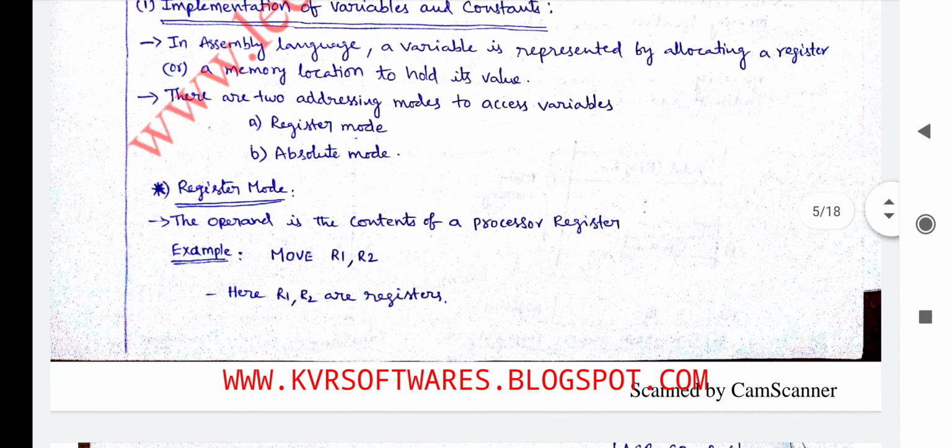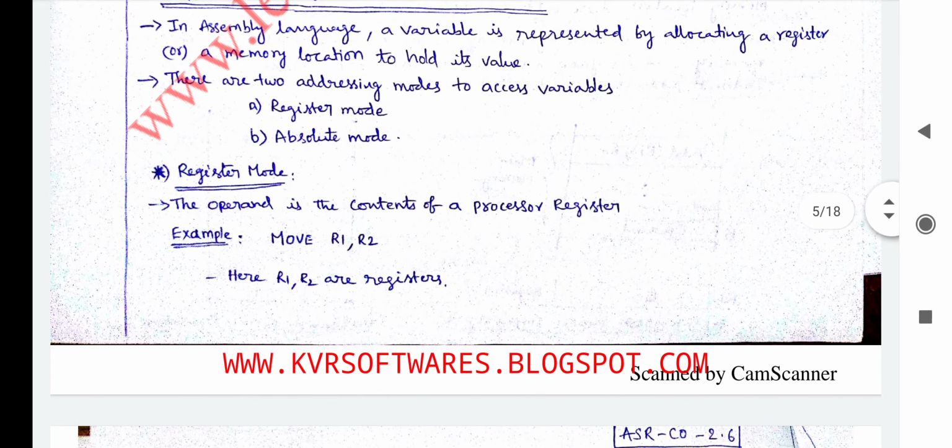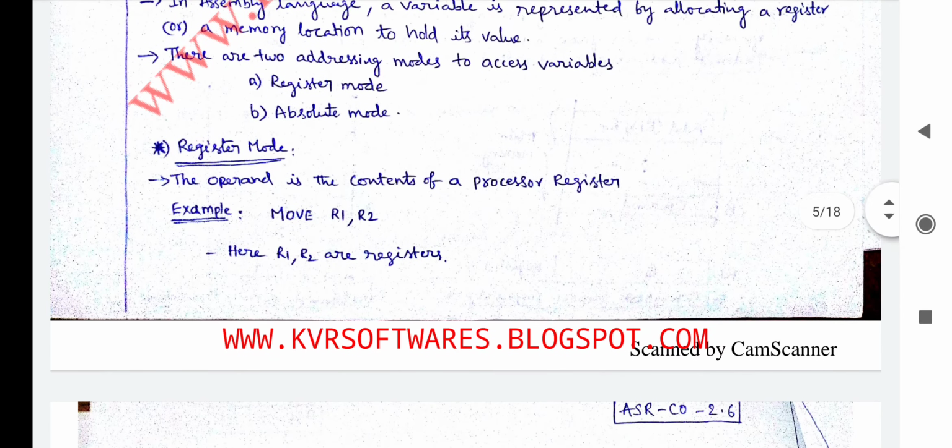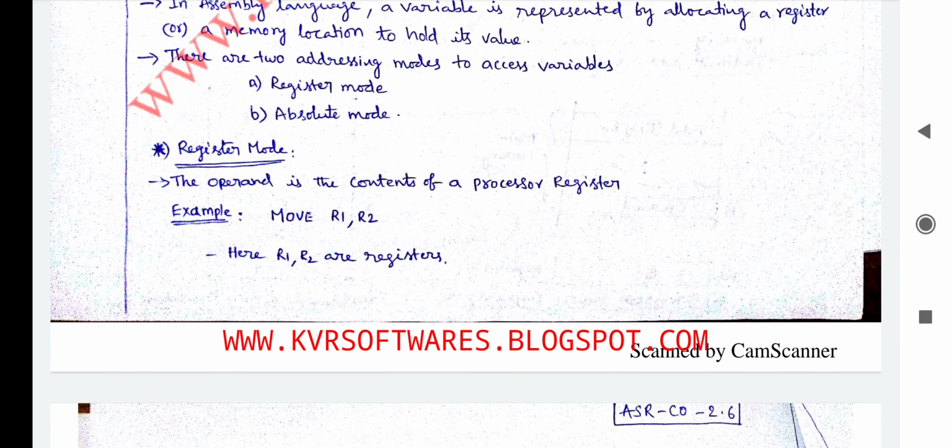One is register mode, and the other is absolute mode, which you can also call direct addressing mode. First, register mode. The operand is the contents of a processor register; that is called register mode.